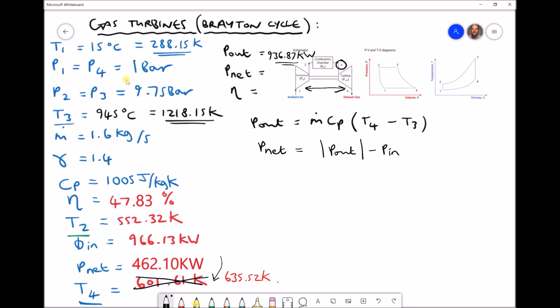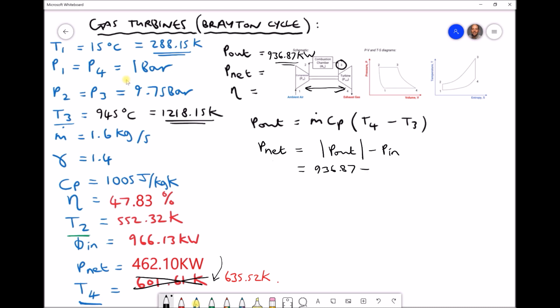Now, we calculated the power required to run our compressor previously, and the value we determined for P in was 424.79. Earlier in this video, we talked about how a heat recovery steam generator could potentially power our compressor, but the compressor requirements or the power required by the compressor remains unchanged. So we're going to use the same value of 424.79 kilowatts. Therefore, we have our magnitude of P out is 936.87.